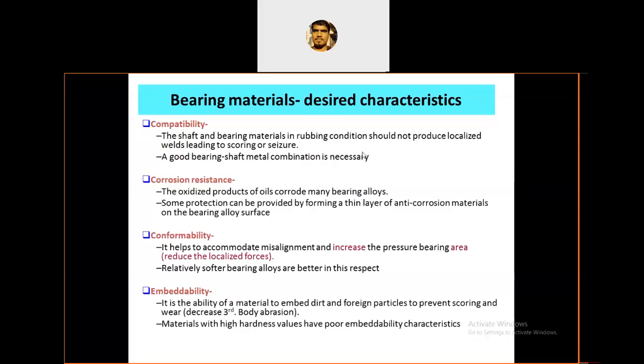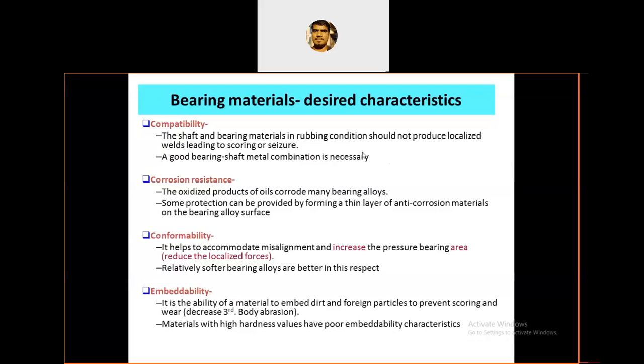The next property is corrosion resistance. It means the bearing material should have corrosion resistant property. What happens if it is not corrosion resistant? Then it will produce a layer.